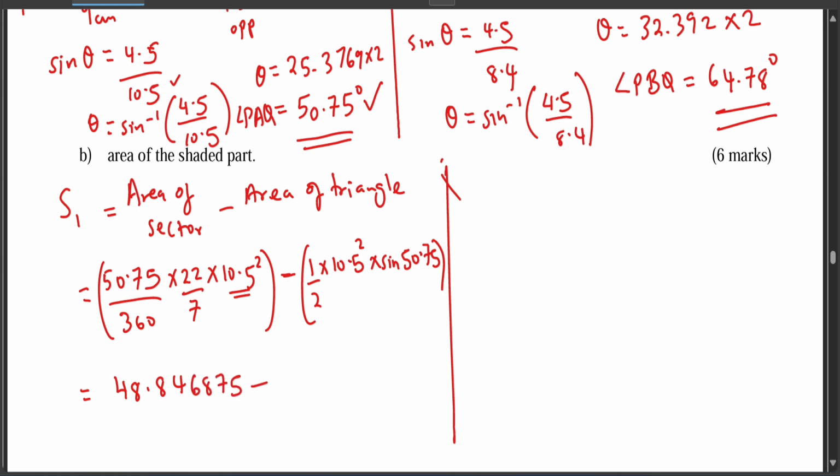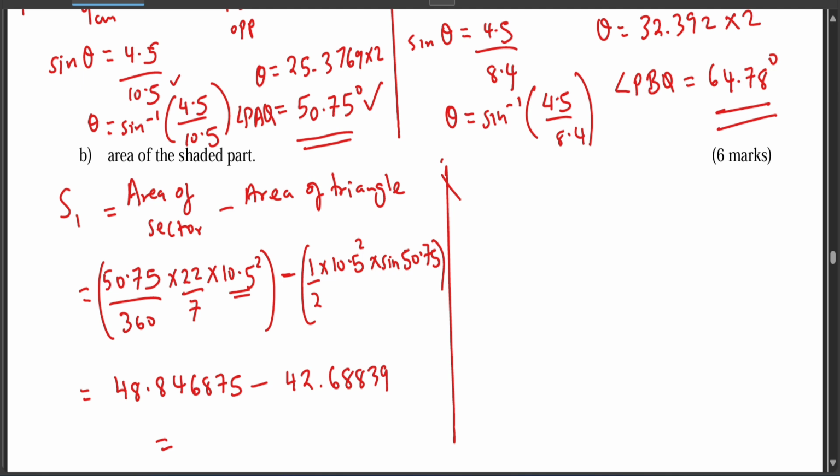So minus half AB sine theta, which is a half times 10.5 squared times sine 50.75. So this one too I will write many digits so that I don't get much error. So 42.688, this 9 there. So let's take those two and subtract.